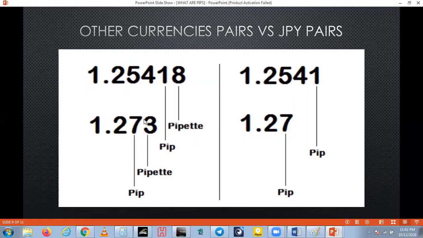Only JPY and gold. Remember I said the fourth digit in your currency pair is your pip, while the last digit is your pipette. For the JPY, the second one is the pip, and the last one, which is the third one, is the pipette. Look at it here.